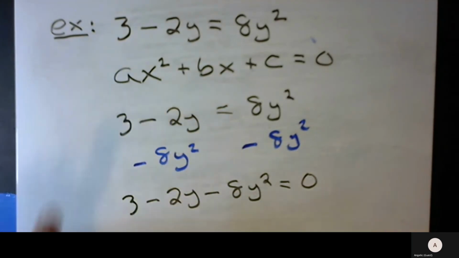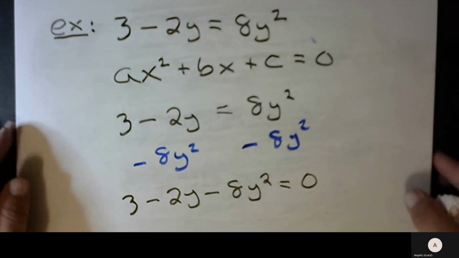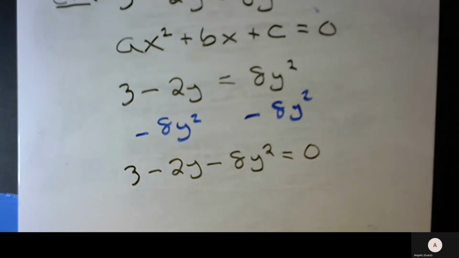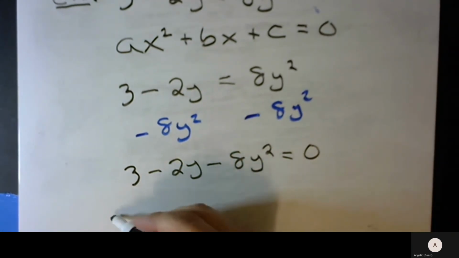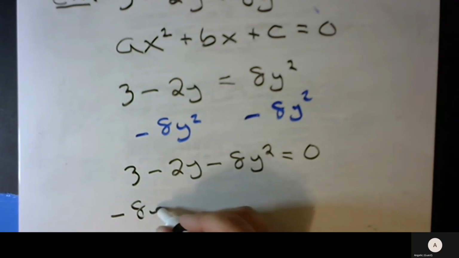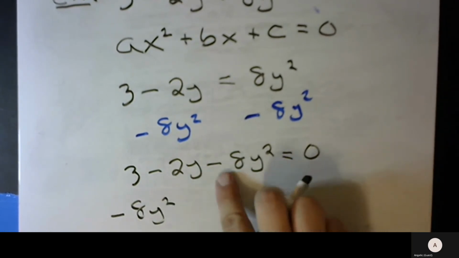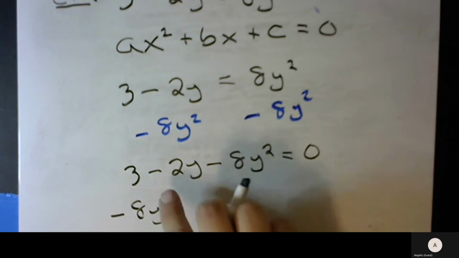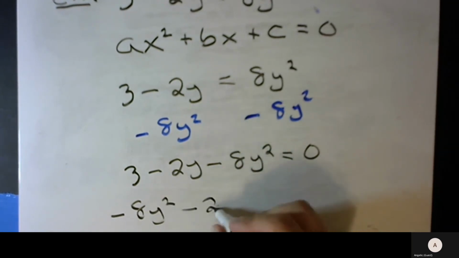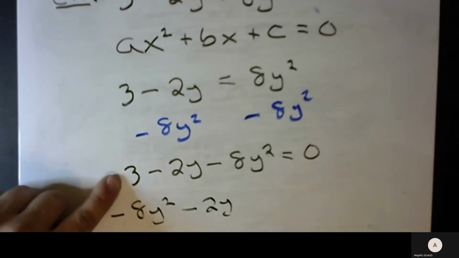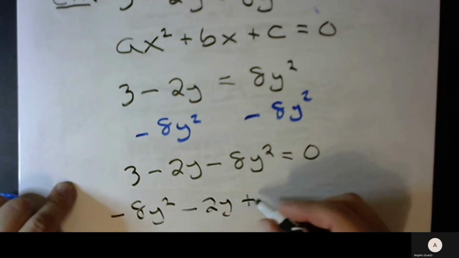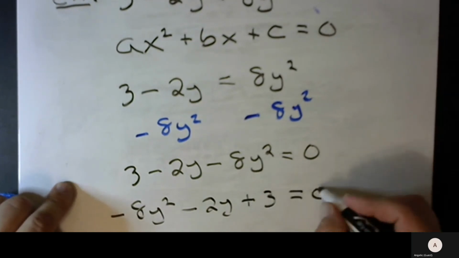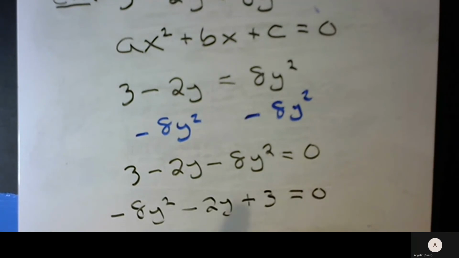Now again, we want it to look like this. And we can rewrite this. We could say, well, this is negative 8y squared, so it's still got a minus in front of it. This one still needs a minus, so minus 2y. But this is a positive 3. So we'll keep that 3 positive. We just want to make sure this stays negative, this stays negative, that stays positive.